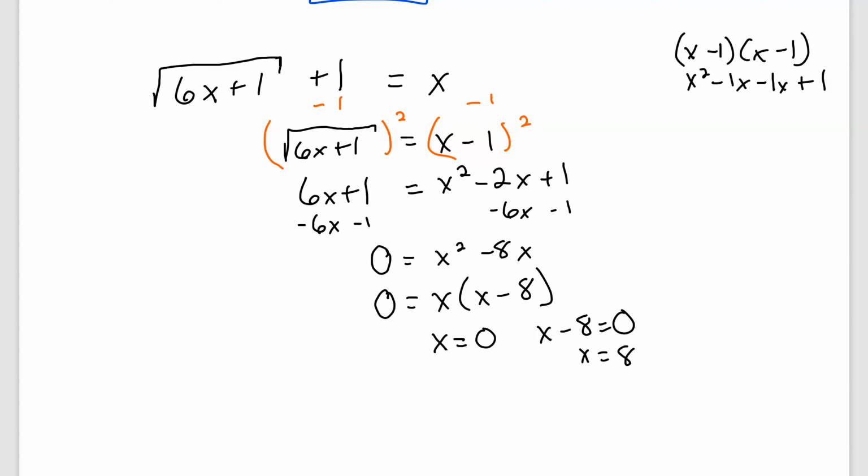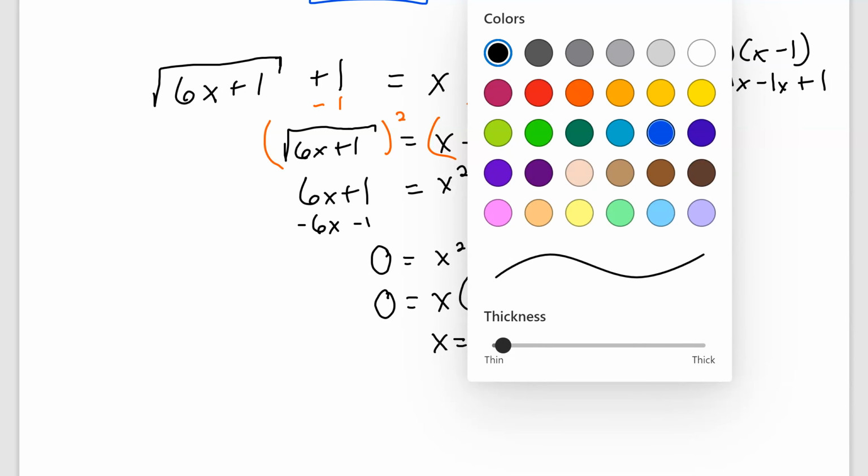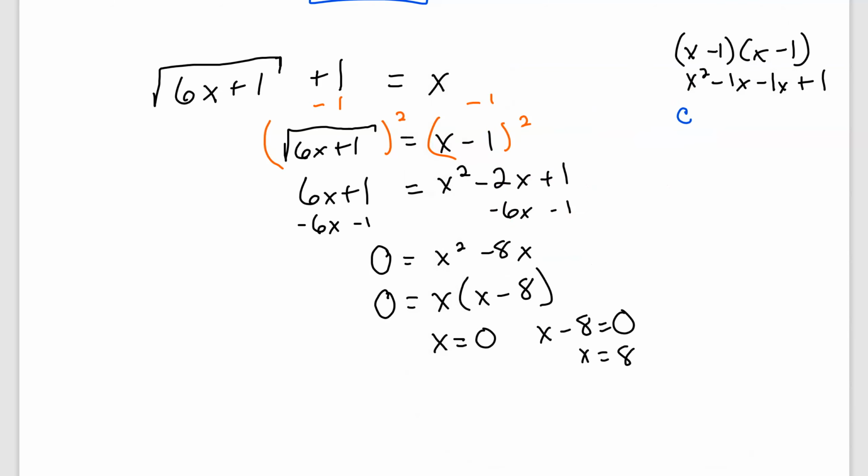I need to check both of these solutions. So I'll come over and check. I'll start with x is equal to 0. That would say that 6 times 0 plus 1, and I'm going to take the square root of that, plus a 1 is equal to 0. So 6 times 0 is 0 plus 1. So I need the square root of 1 plus 1.